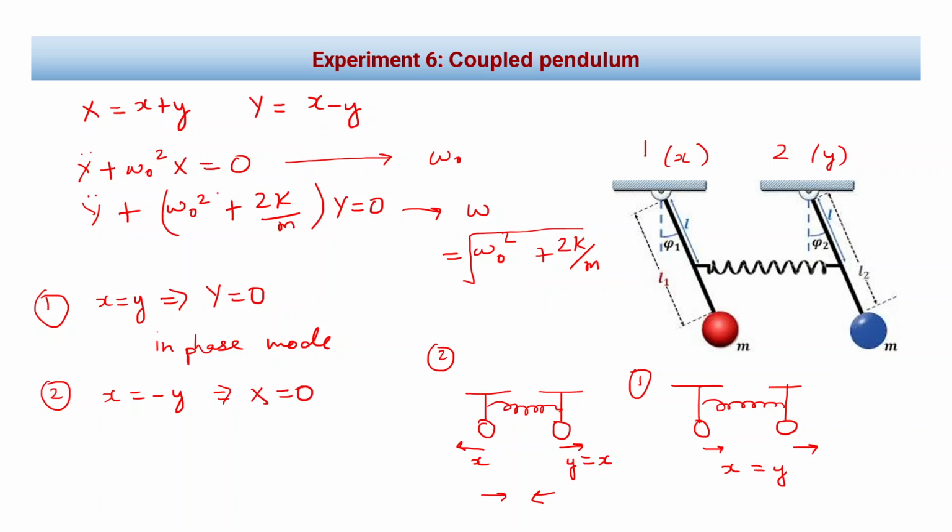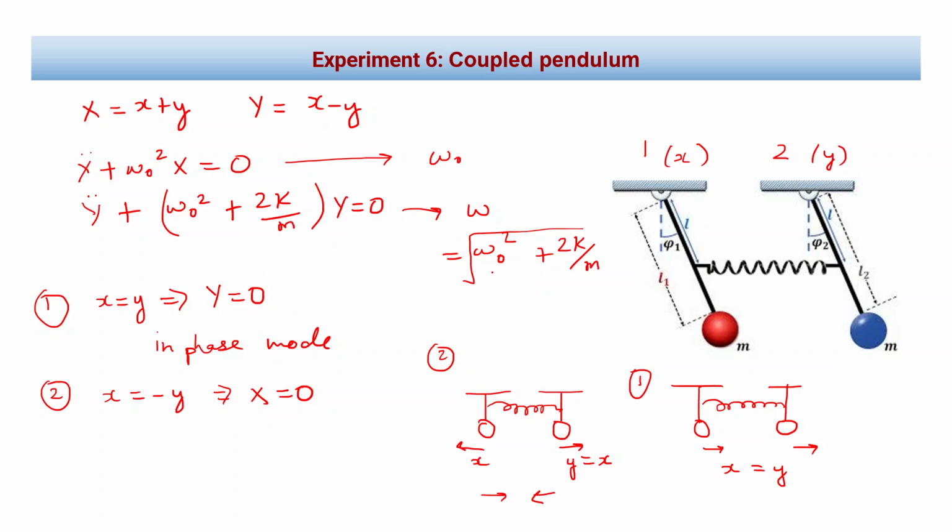And when capital X is 0, this equation will be 0 and we will be left with this second equation, where you can see the angular frequency will have a contribution from the spring constant as well, and the frequency is given by this.